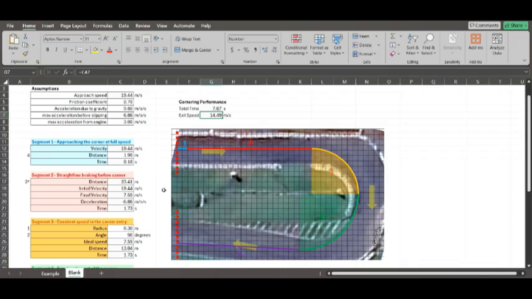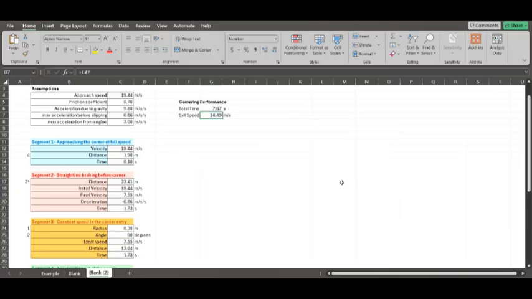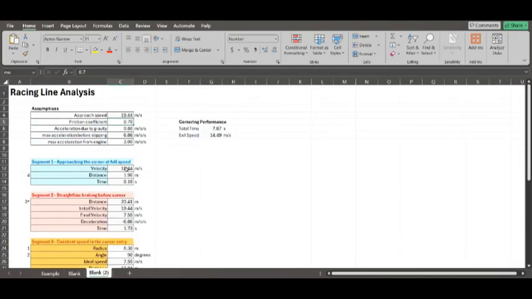All right, I'm going to leave it to you now to try and map out what you think is the absolute best racing line you could get around that corner. Do that same analysis. What you're going to do is take a copy of that, Control C, delete the picture there, and then delete all of these, not those ones here.